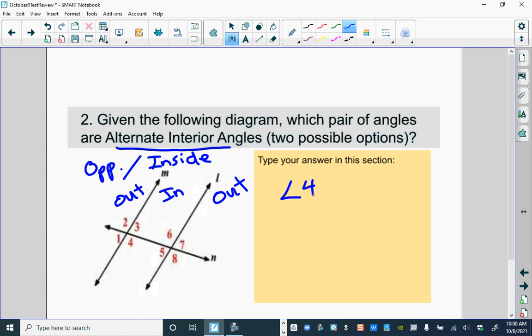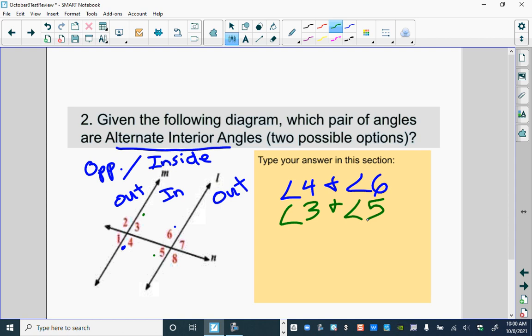With angle 4, which other angle do we pair up angle 4 with to have alternate interior angles? 6. That's right, 4 and 6. If 4 and 6 are paired up, then what other pair do we have? 3 and 5. Now, what else do we have going on here?